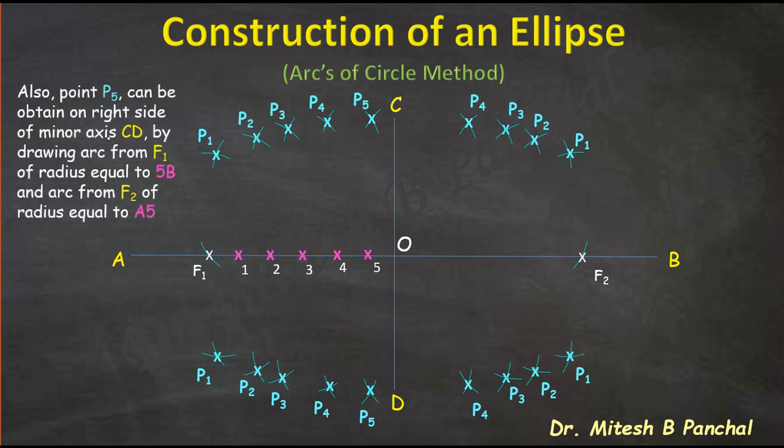Also, point P5 can be obtained on the right side of the minor axis CD by drawing an arc from F1 of radius equal to 5b and an arc from F2 of radius equal to A5.